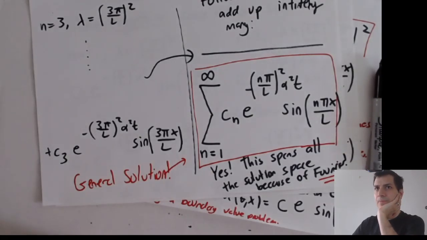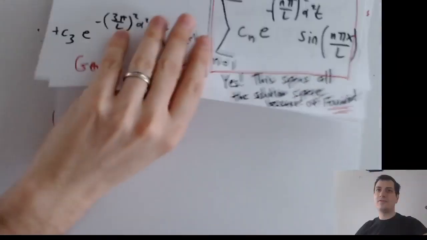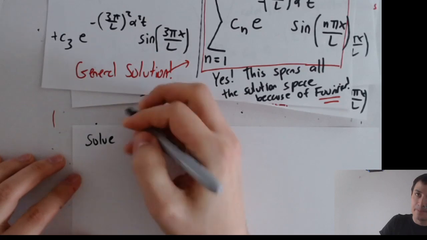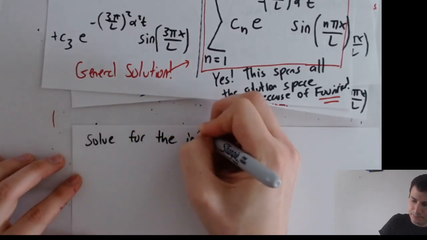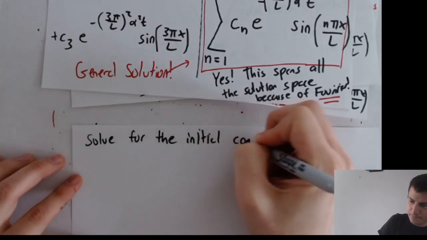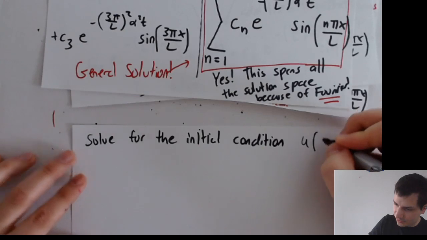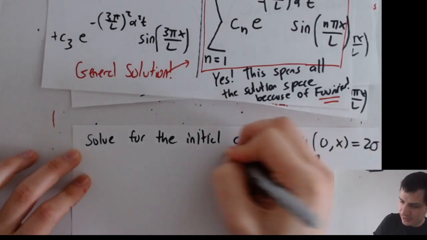Yeah, okay, let's do that. So I'm going to solve for the initial condition u at t equals 0 is 20. So this is the textbook example. This is at t equals 0.